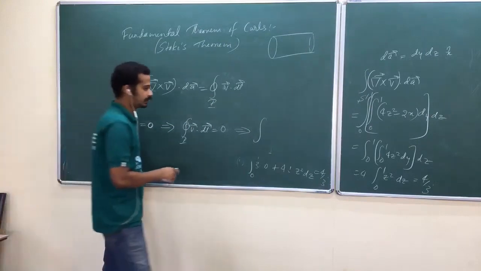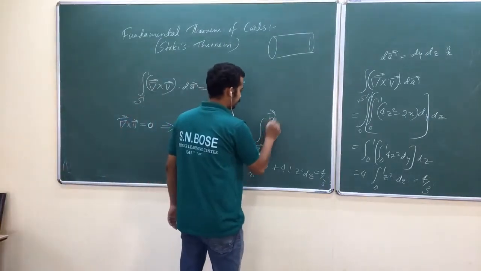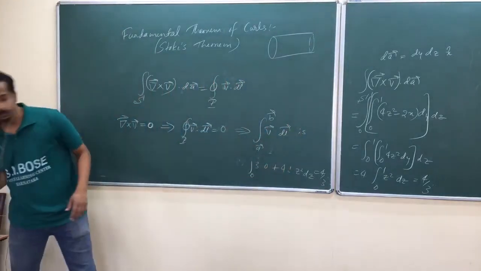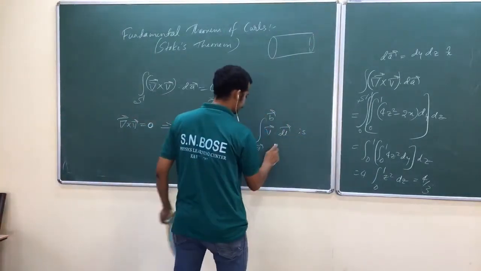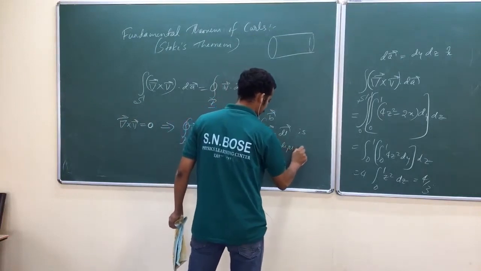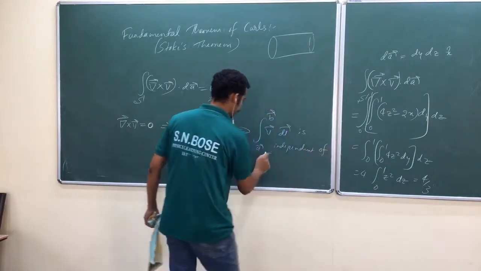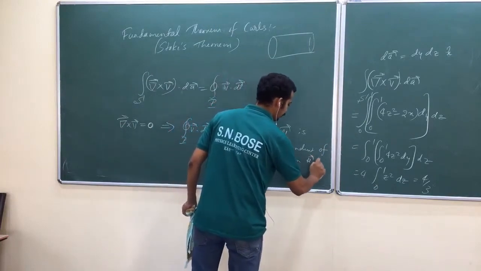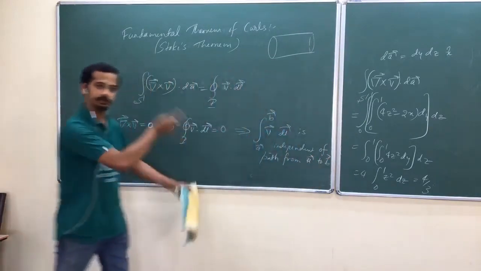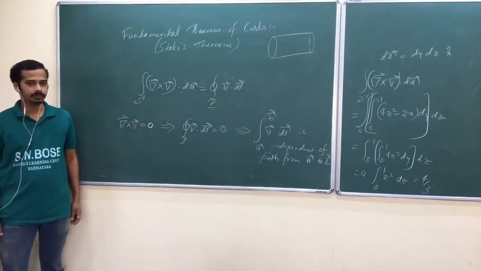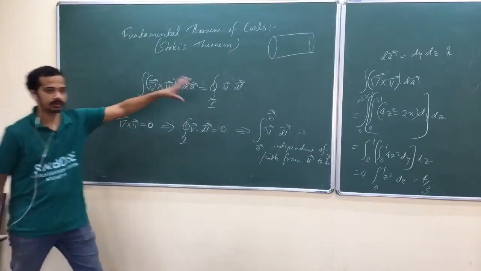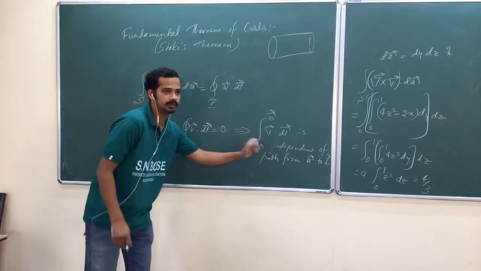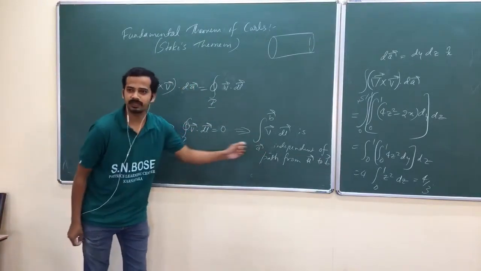Am I right? But the next one, integral from A to B of V dot dl, is independent of the path from A to B and depends only on the endpoints. Are you getting my point?